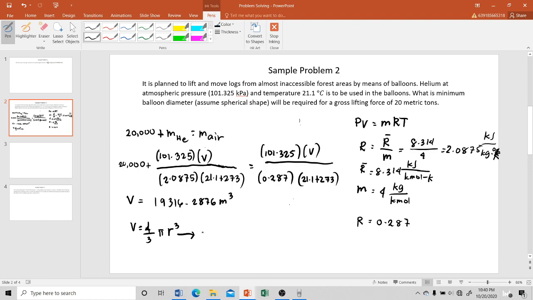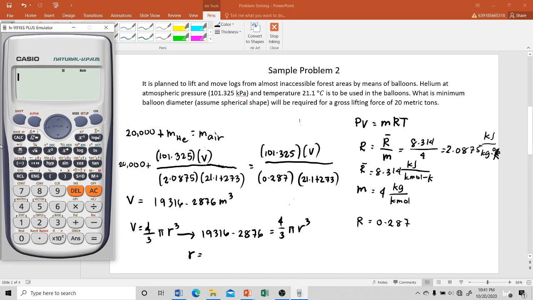So we have the value of volume 19316.2876 is equals to 4/3 pi r cube. So now we can get the radius of the balloon.